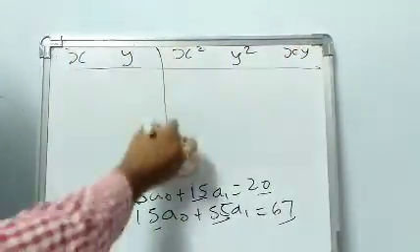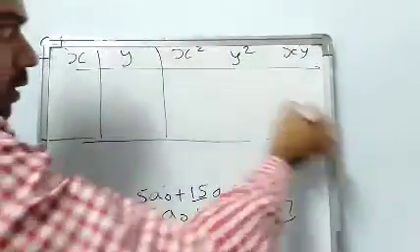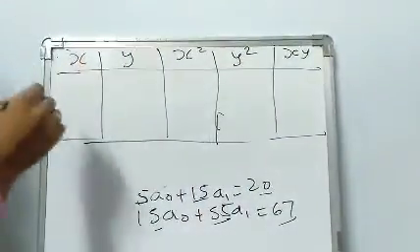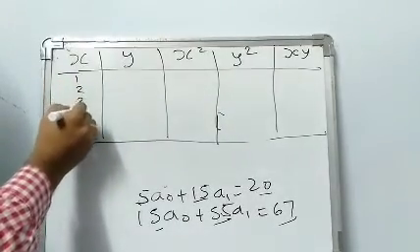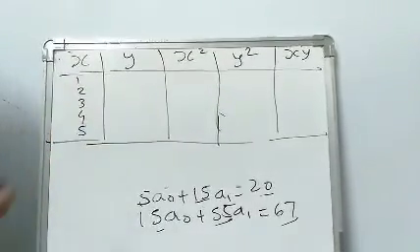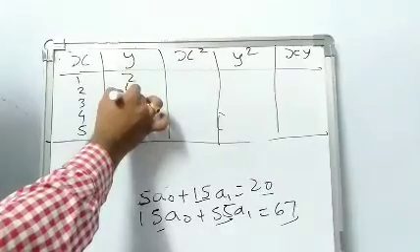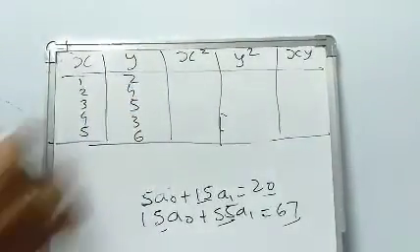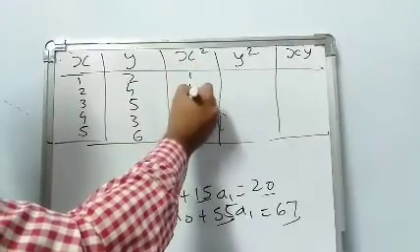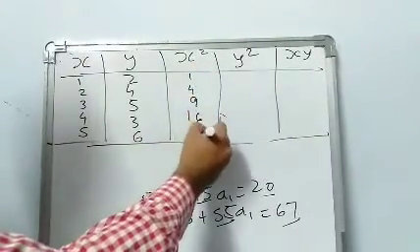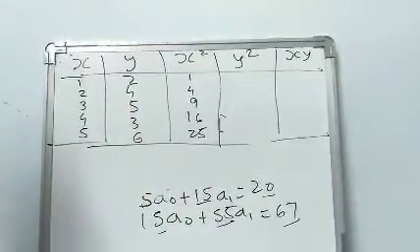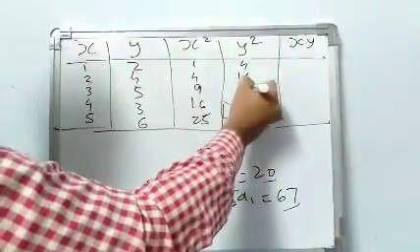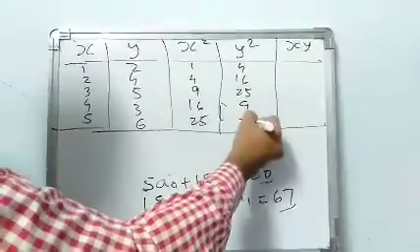The values of x are already given: 1, 2, 3, 4, and 5. The values of y are 2, 4, 5, 3, and 6. So x square is 1, 4, 9, 16, 25. The values of y square are 4, 16, 25, 9, and 36.